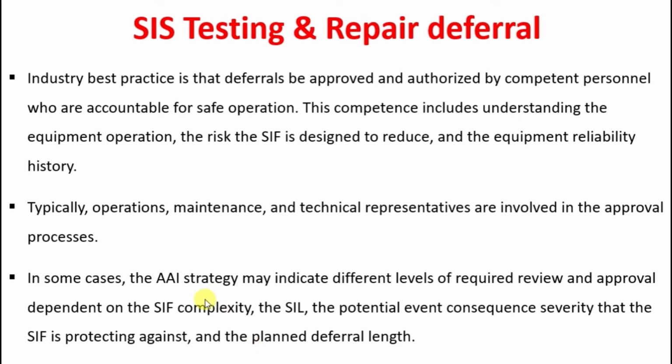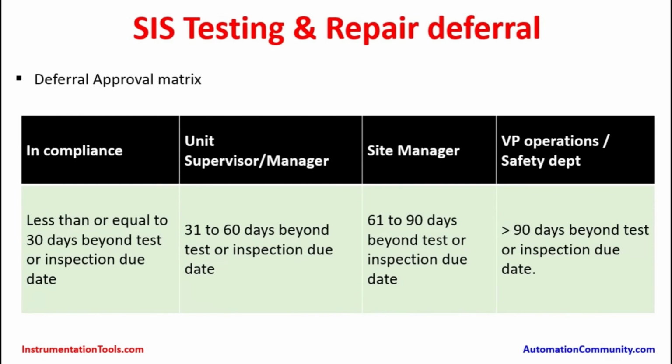A particular company may have a different strategy, calculating the required risk and then taking the deferral. Now the deferral approval matrix. Testing done within 30 days of the test or inspection due date is in compliance.